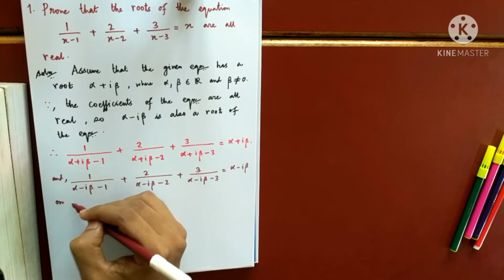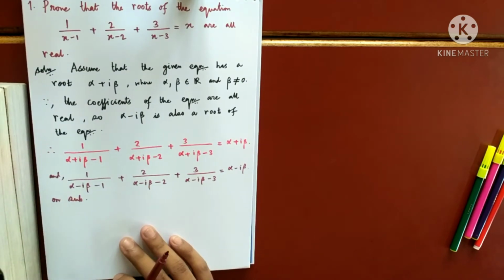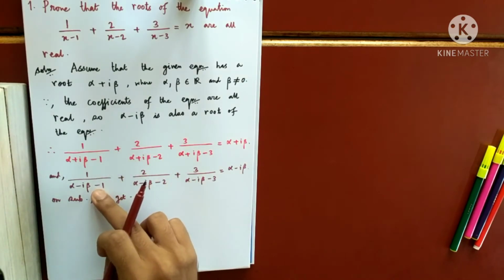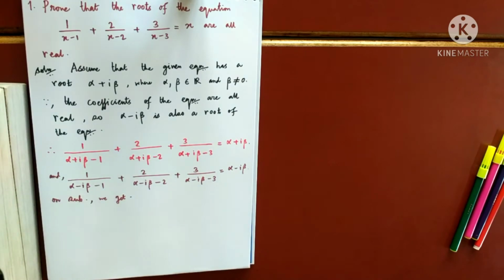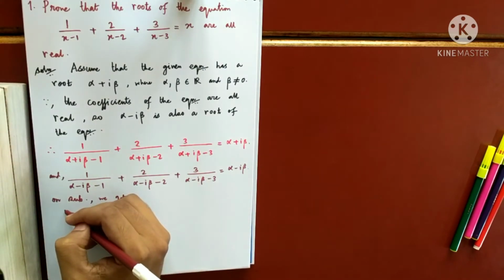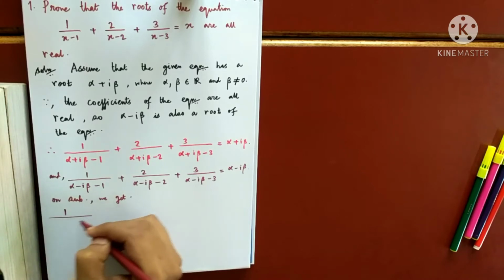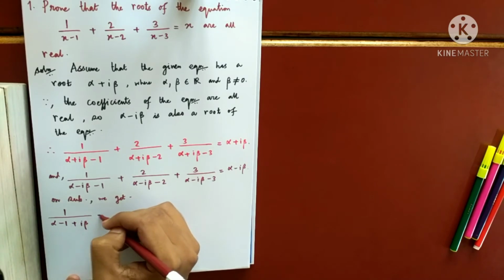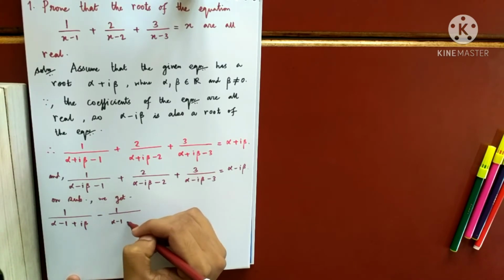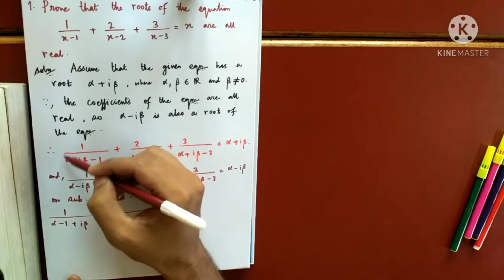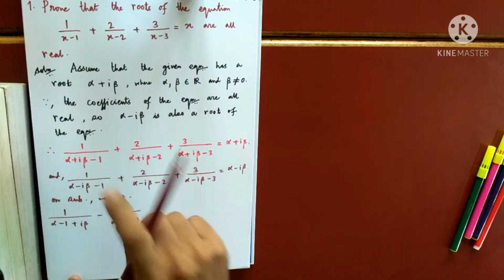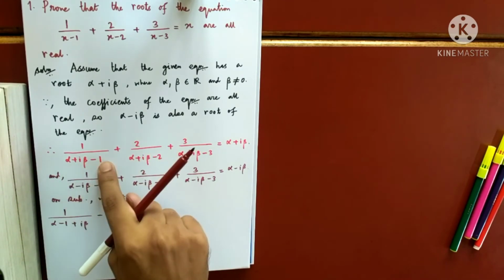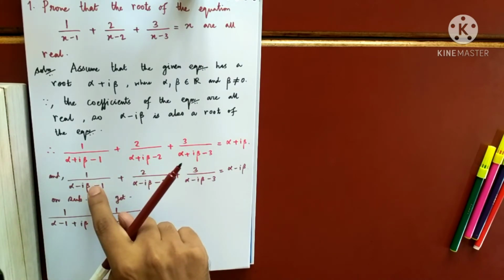On subtraction, we get: 1 by alpha minus 1 plus I beta minus 1 by alpha minus 1 minus I beta. I'm actually separating the real and the imaginary parts. So alpha minus 1 plus I beta, alpha minus 1 minus I beta.